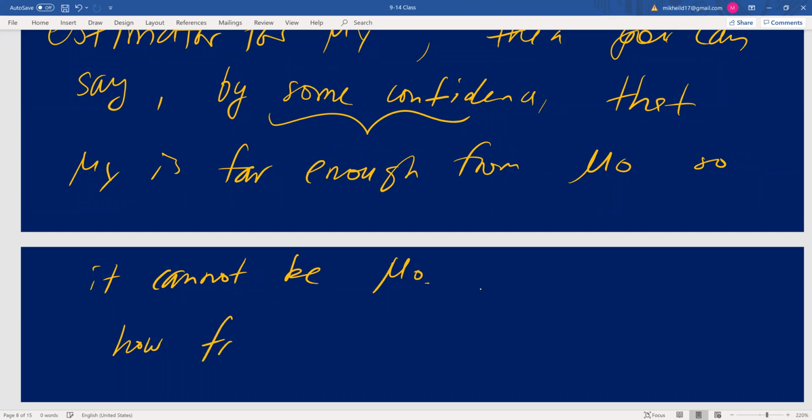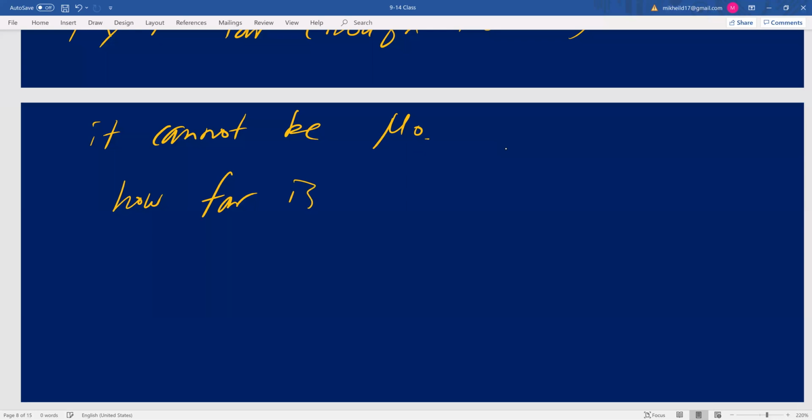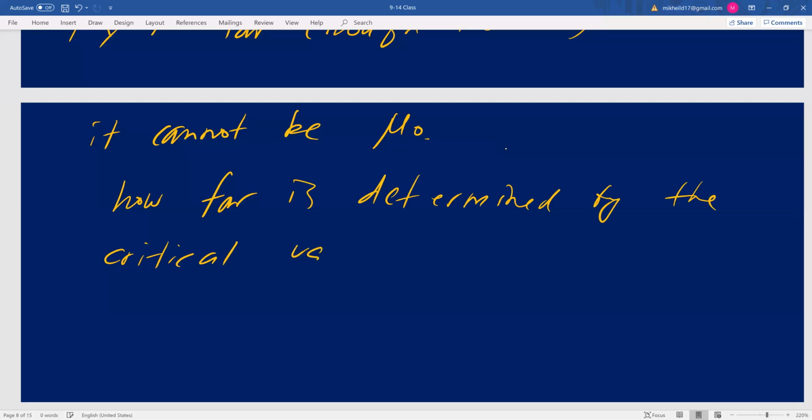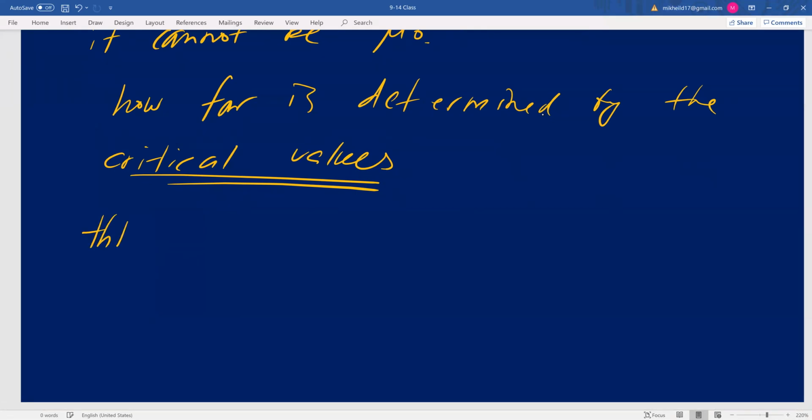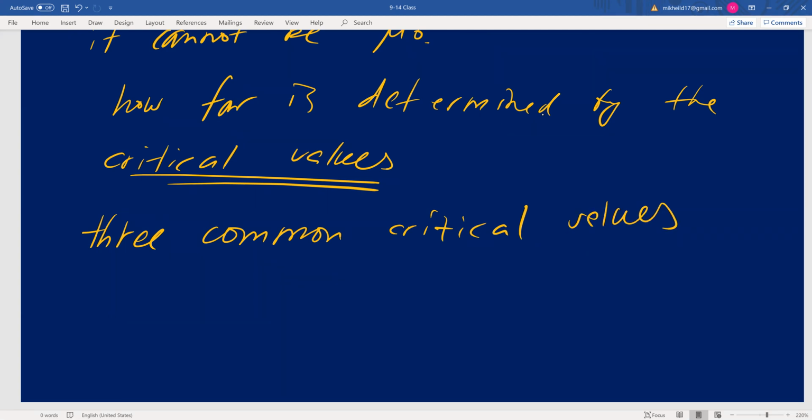How far is determined by the critical values, and we have 3 common critical values that correspond to the 3 confidence levels.